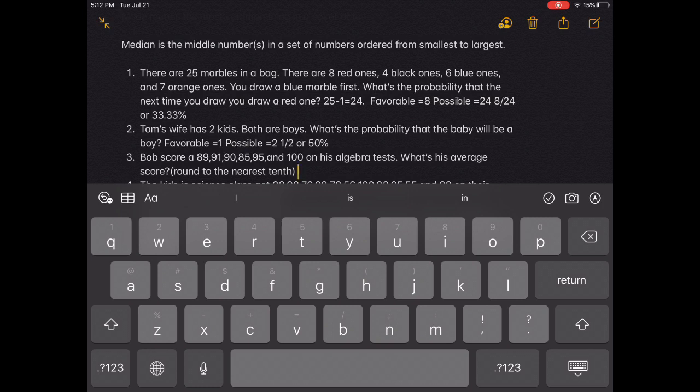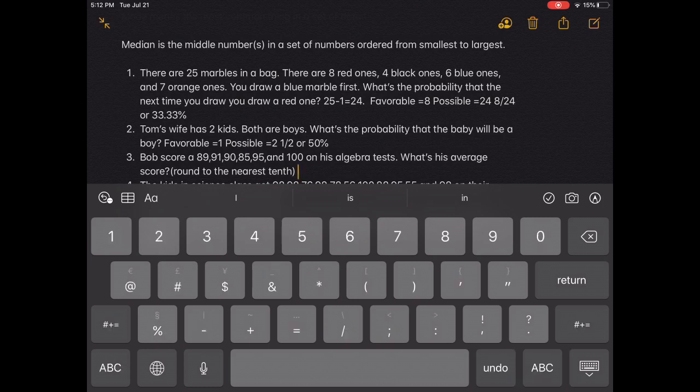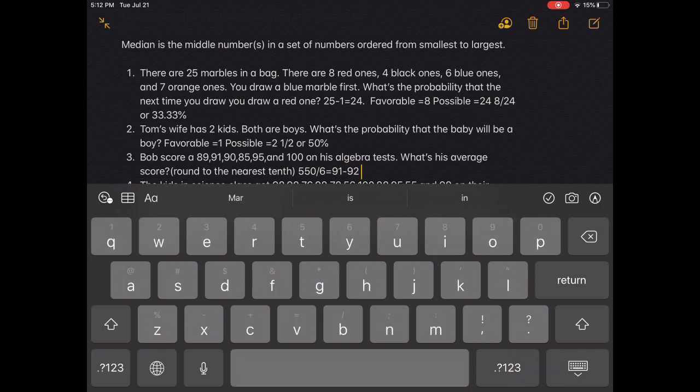So Bob scores blah, blah, blah, blah on his algebra test. What's his average score? So you learned in the stuff above that you have to add all the scores together and then divide by the number of scores in the set.